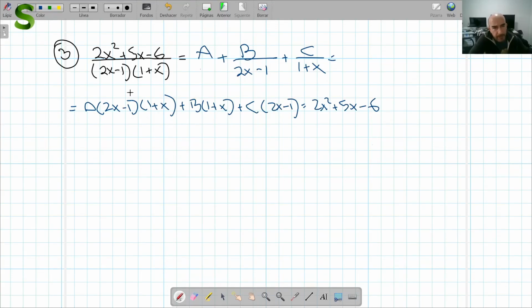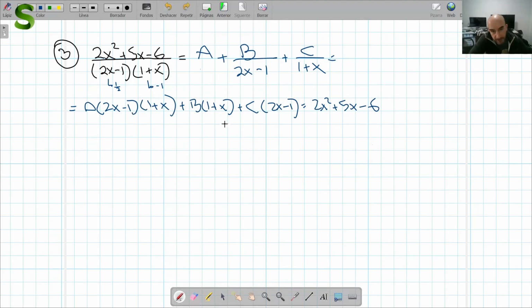So now we have that the root here is minus 1 and the root here is a half. So if we introduce the roots in these factors, for example minus 1, this one goes away and this one goes away because those factors are 0.